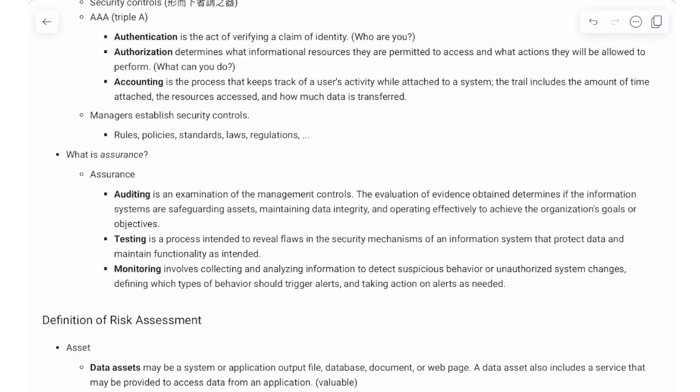So sometimes students violate those security controls. So assurance is another mechanism that can help the middle level manager make sure the established security controls are implemented accurately, so no one will break the rules, including auditing, testing, and monitoring.